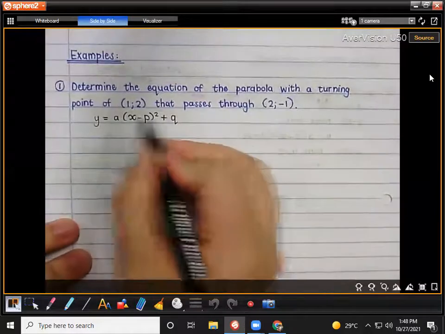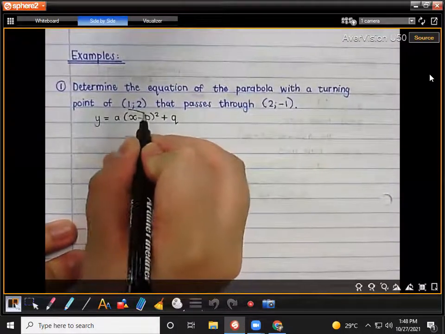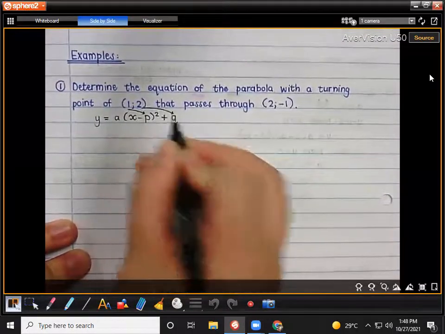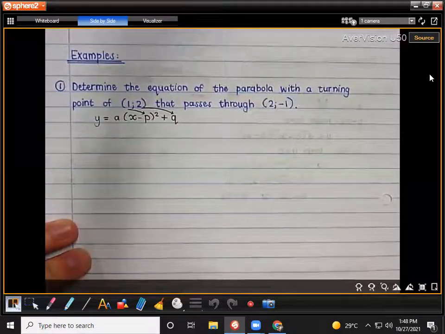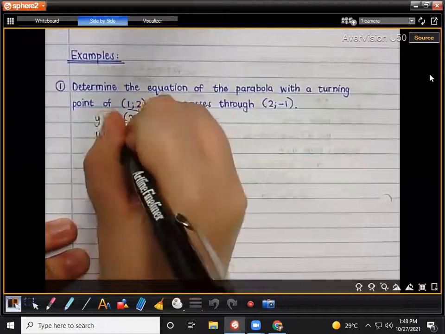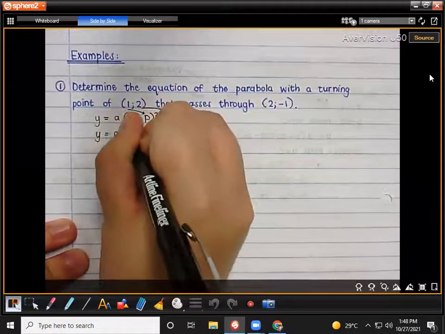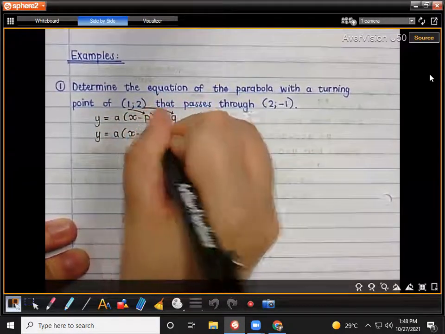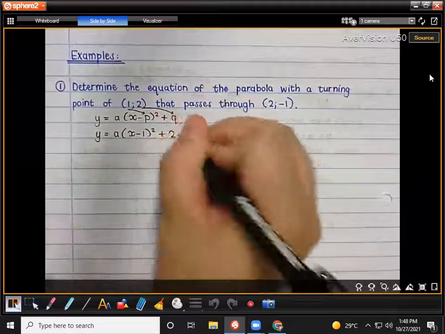Now, guys, for the turning point, 1 is your P value and 2 is your Q value. Right? So we're going to say y is equal to a times x minus 1 squared plus 2.